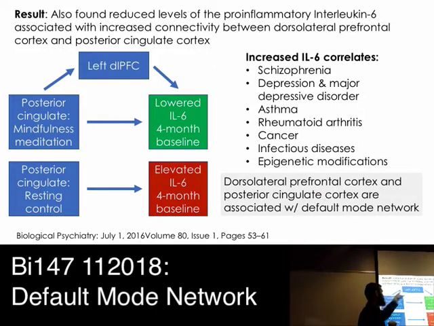However, connection between these two brain regions that they showed led to an alternative path to lowering IL-6. So the IL-6 production is being controlled both directly by the cingulate and indirectly by the cingulate through the prefrontal cortex.